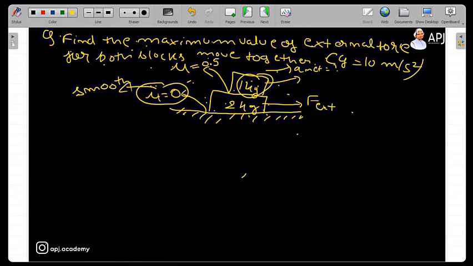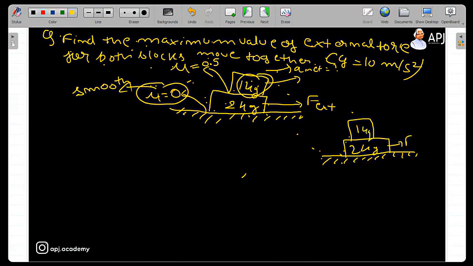This is ground. This block is of 2 kg. This block is of 1 kg.